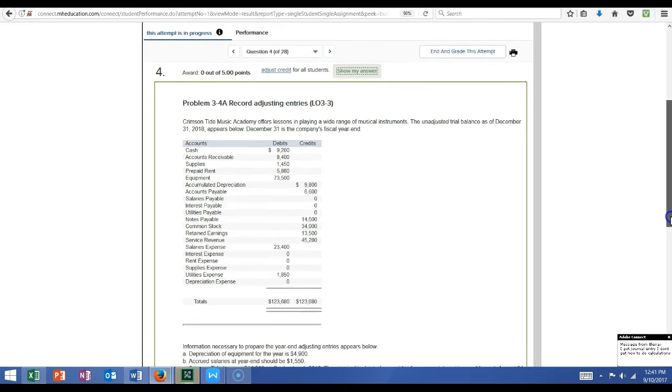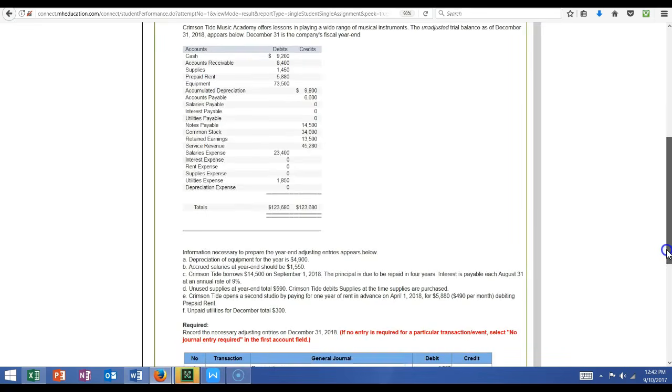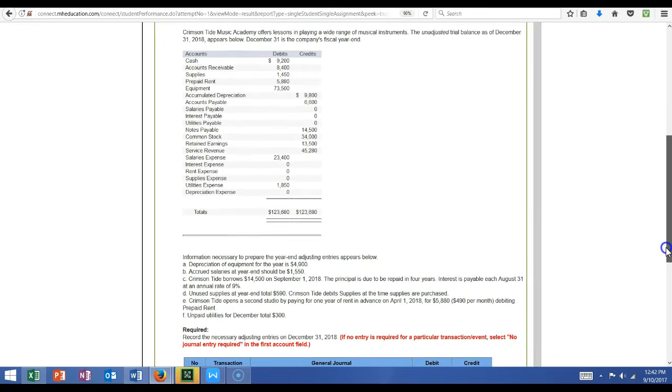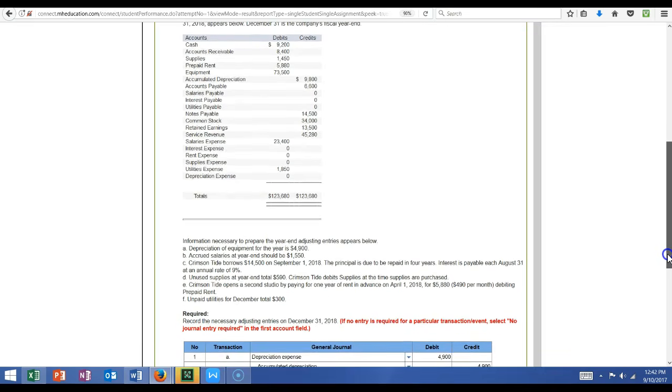Crimson Tide Music Academy offers lessons in playing a wide range of musical instruments. The unadjusted trial balance as of December 31st appears below. So then what it tells us is all these different changes. For example, the information necessary to prepare the year-end adjusting entries is below.